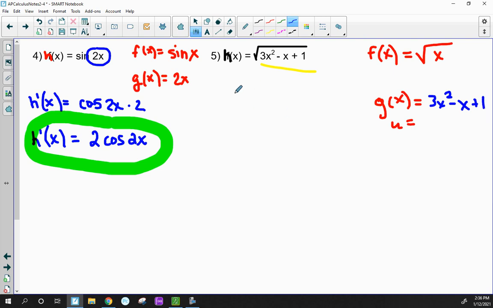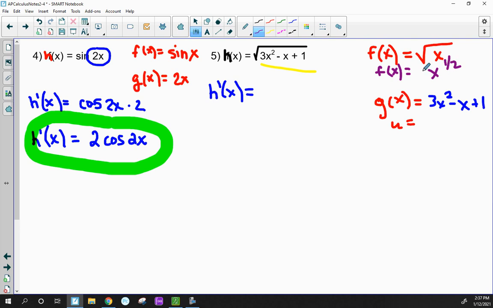Here we go. To find the derivative, let's try the chain rule again. We go to the outside rule first. Now, what's interesting about this one is it is in the square root mode, but we know how to change it to make this derivative easier by calling it x to the 1/2. Square root and x to the 1/2 is the same problem. This is so much easier to derive right now.